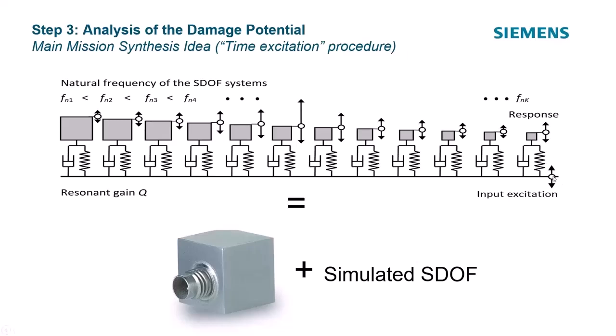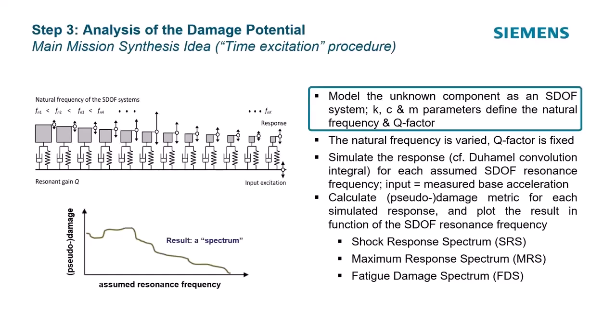Then we're going to model our structure as a bunch of spring mass damper systems. This has frequency 1, 2, 3, 4, 5, and we're going to specify some attributes of that spring mass damper. So we're doing a base excitation, because remember, I'm going to put this part on a shaker, on the head expander. So model the unknown component as a single degree of freedom system.